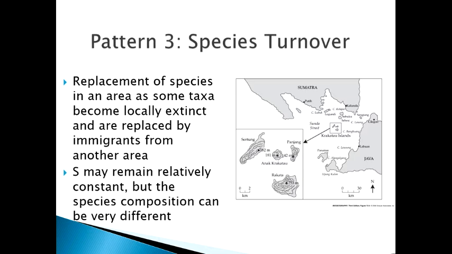So, for instance, a turtle might go extinct on a particular island, but it then would be replaced by maybe another turtle, but maybe a completely different herbivore would do it. And so if you sampled an island at one point in time and say it had 35 species, and here's the list, you could come back sometime in the future. There would probably also be about 35 species there, but there might have been turnover, meaning there might be new species there.